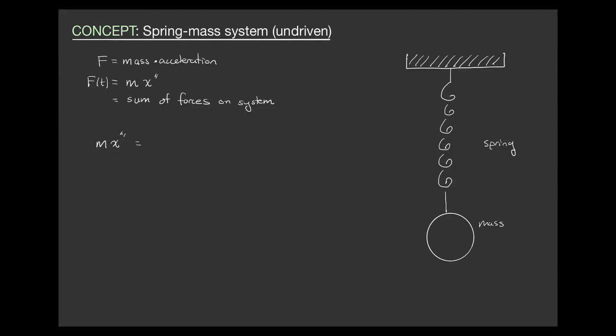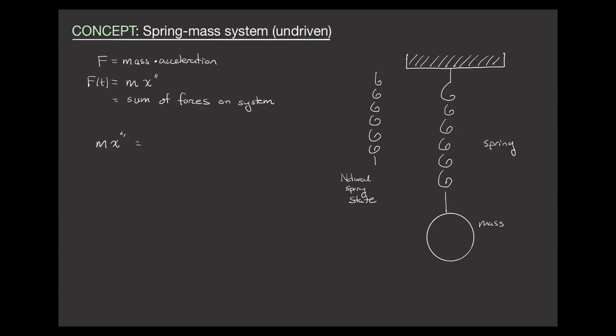Now, what's going to happen is you have a spring, and if you leave the spring be, it may have a natural state that looks like this, let's say. So the natural state of the spring may be of a certain length, but then when you hang a mass on that spring, gravity is going to act on that mass and pull it downwards, but then the spring is going to give some resistance.